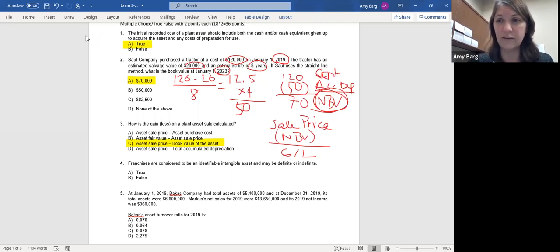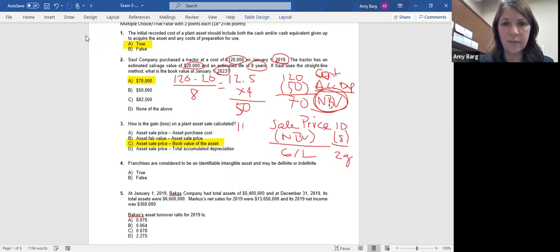And if you sell it for less than what it's worth to you, then you have a loss. But it's the sale price minus the net book value. So if the sale price was 10 and it was only worth 8, you would have a $2 gain. But if the sale price was 10 and it was worth 12, you would have a $2 loss.